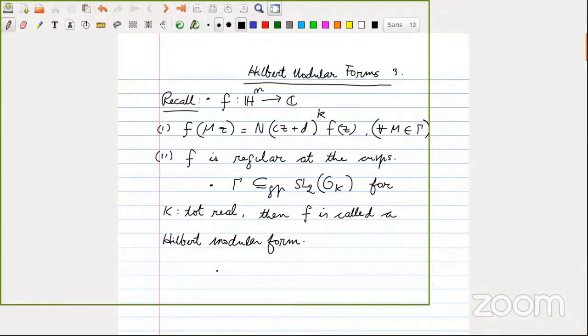Okay, and then we also saw that weight zero Hilbert modular forms are constants.